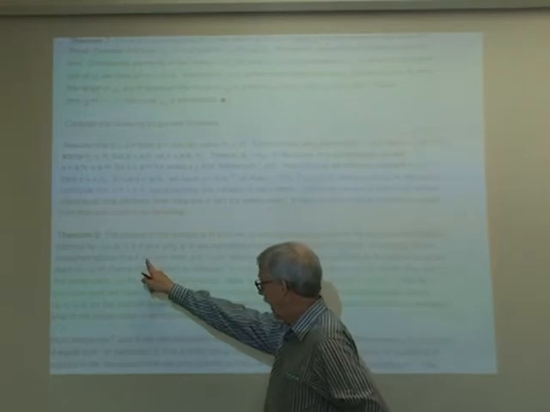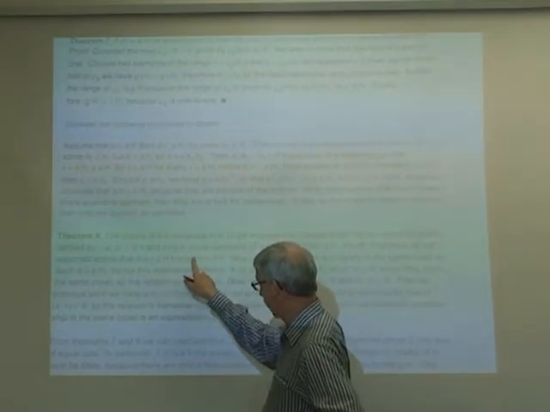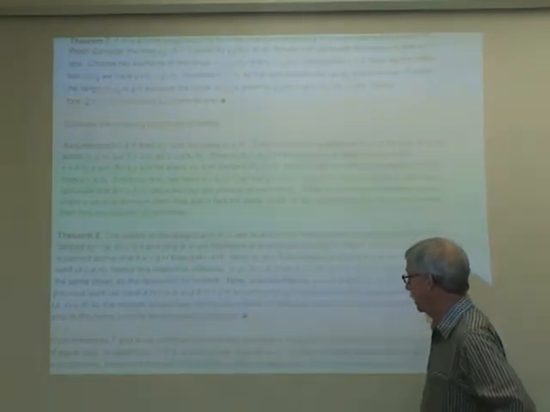And then let's look at theorem 8. The cosets of the subgroup H are equivalence classes under the following equivalence relation: a and b are related, are equivalent, if and only if they're members of the same coset. And the basic idea here is to show that if a is in gH, then gH and aH are the same group. You should study that proof.